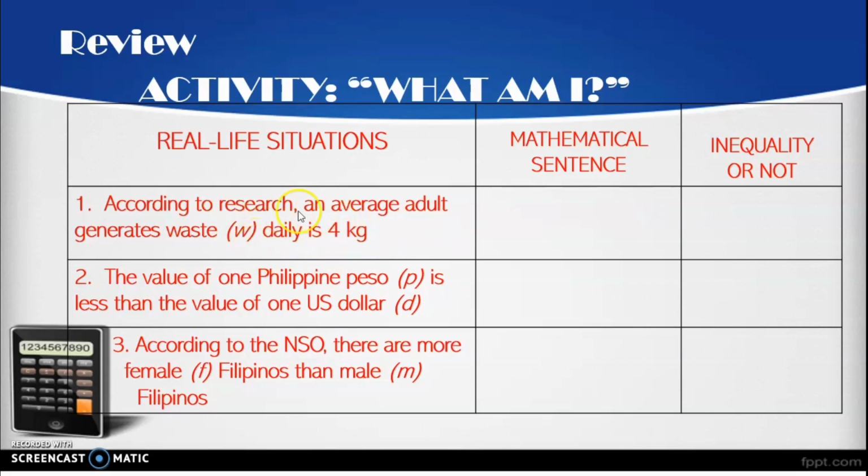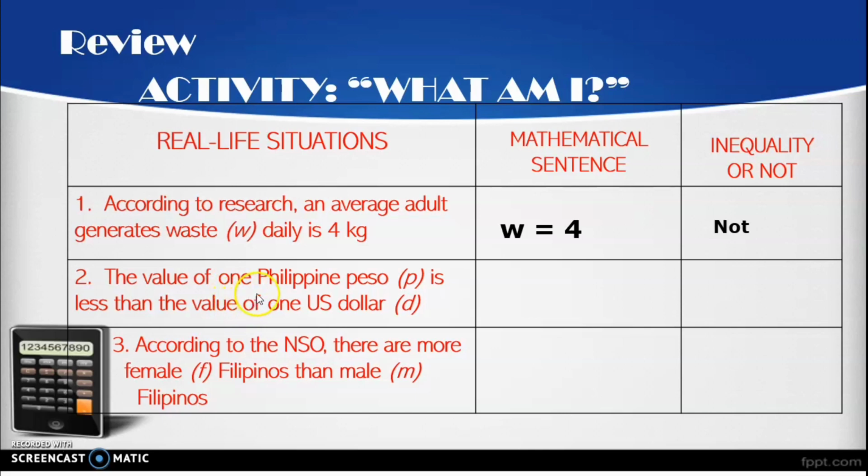If we translate this into a mathematical statement, W represents the waste and "is" here implies equals, then we have 4 kilograms. So we have W equals 4. We have an equal sign, so this is not an inequality. Rather, this is a linear equation.